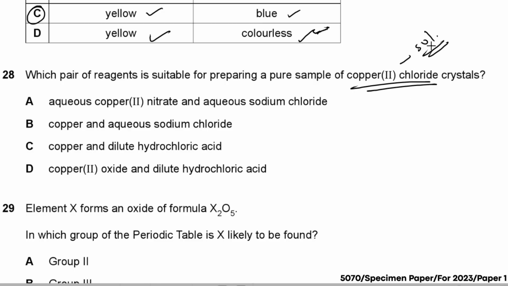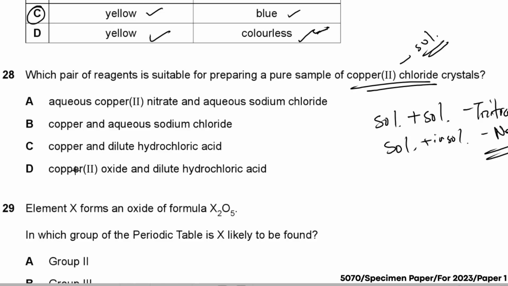So definitely a soluble salt. That means we can either add an acid and alkali, which is titration, or we can add an insoluble solid to an acid, which is neutralization. So let's try to find out.